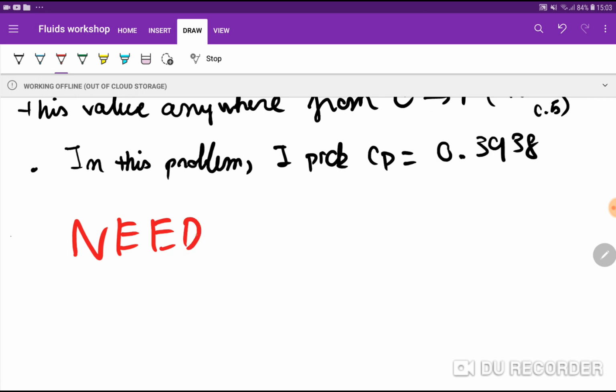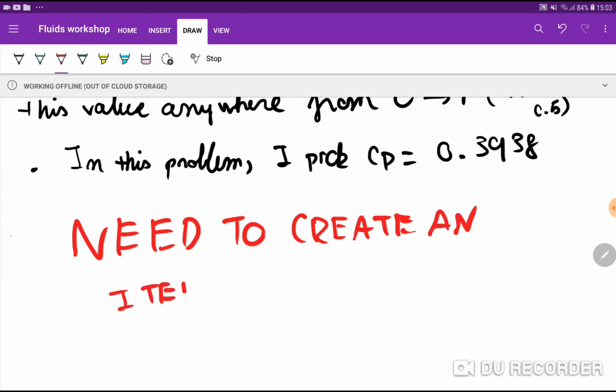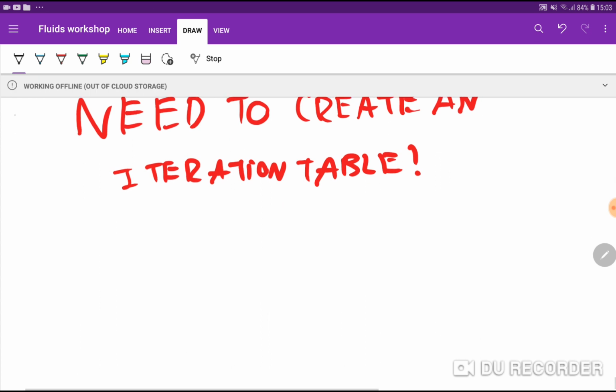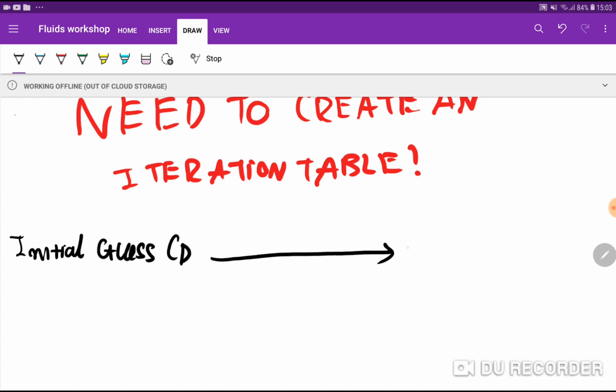You need to create an iteration table. So you have your initial guess Cd already, right? You're going to use this equation, the Reynolds number equation.